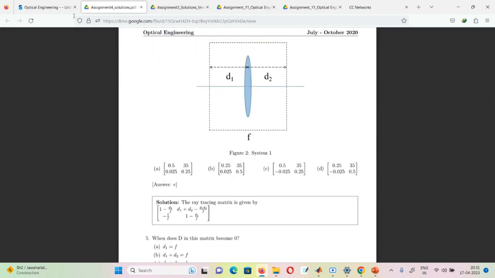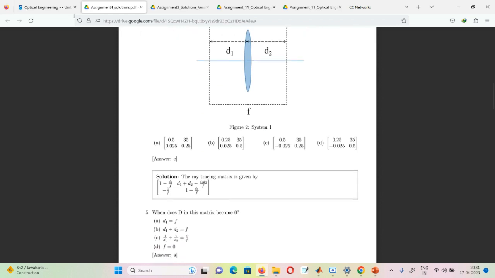This one. I wanted a brief explanation related to matrix, sir, like how you explained about aperture.